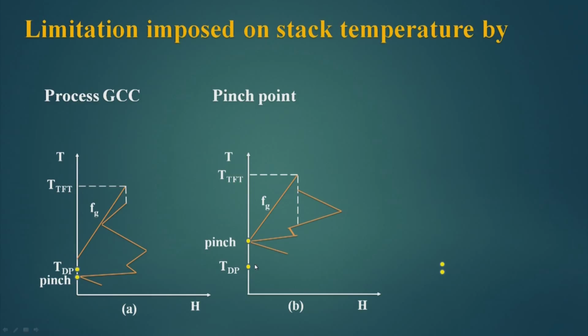At this point, I would want to clarify that the stack temperature can be brought down up to TDP, not below this, because if the stack temperature is below acid dew point, then whatever acid components of the gas are present in the flue gas, maybe due to the burning of sulfur, those will condense and form acid, and this acid will attack the stack or the heat exchangers.